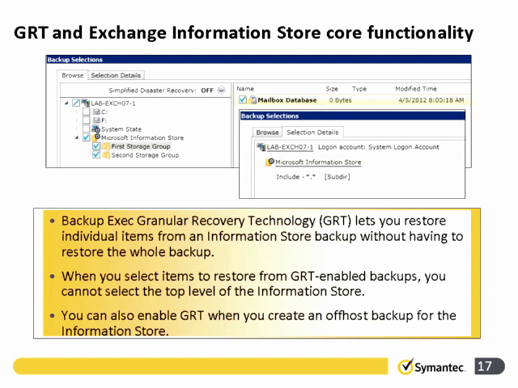For GRT, the granular recovery feature, Backup Exec allows you to back up the entire information store or any database in the database availability group at that very high level. So I need to mark the information store or the Exchange server at the highest level possible.